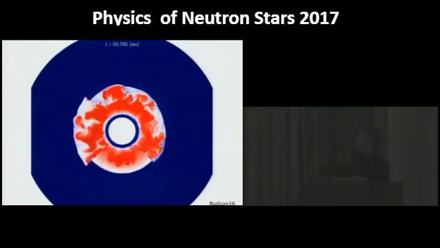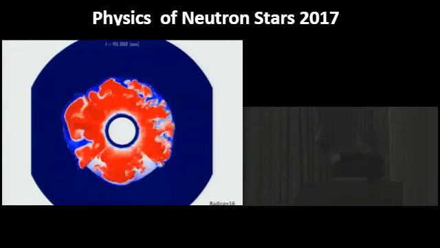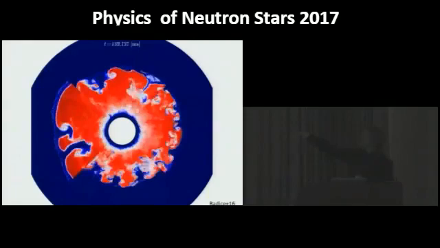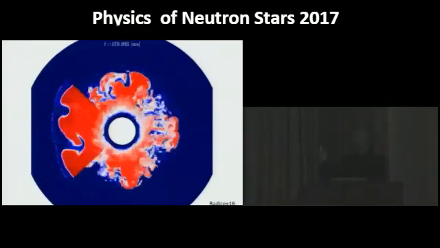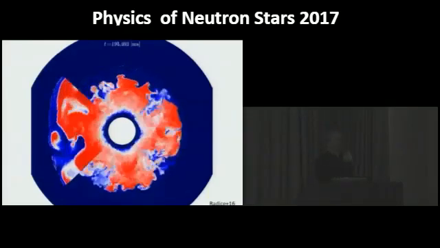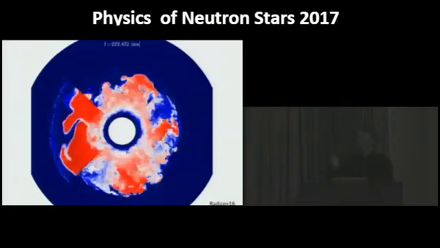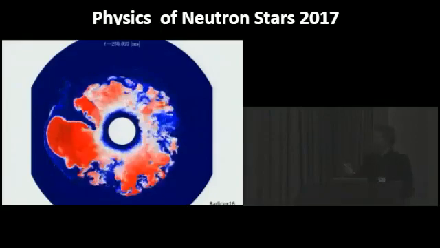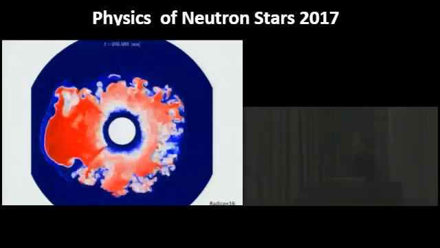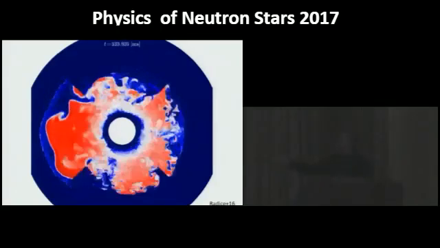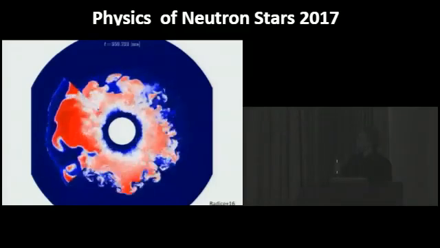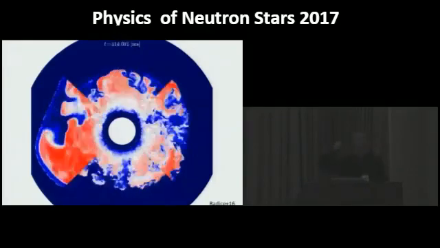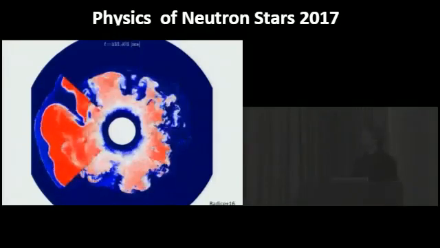And I showed this movie just because it's so beautiful, but there's also, of course, science in it. As you can see, as the resolution increases, not only do the turbulent structures get smaller and smaller and finer, there's also greater intermittency. And that's another aspect of turbulence that we ignored or didn't really think about when we were doing our simulations, that at higher resolution you actually get more intermittency, and that can also help because if you are in a critical situation and you have an intermittent growth of large-scale structure, you can get an explosion.